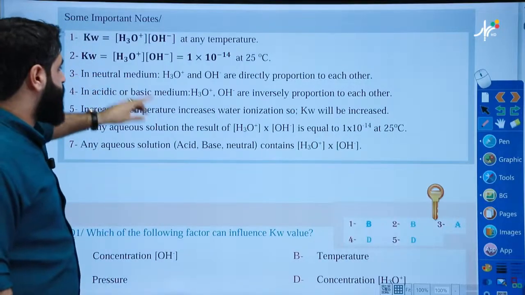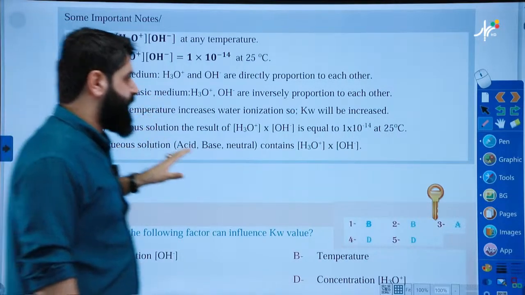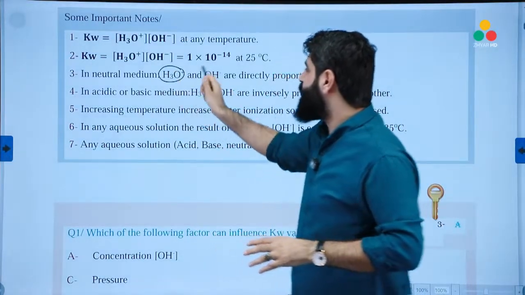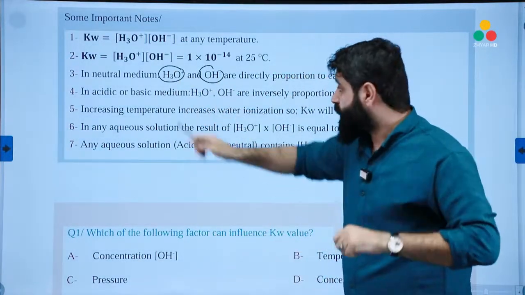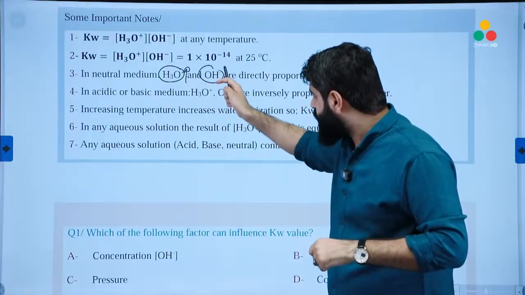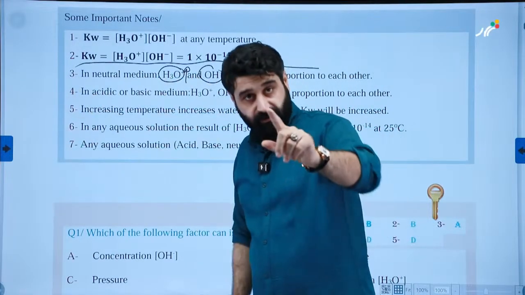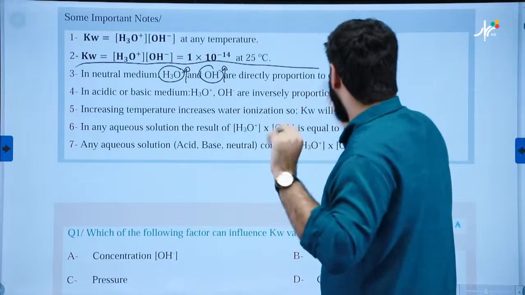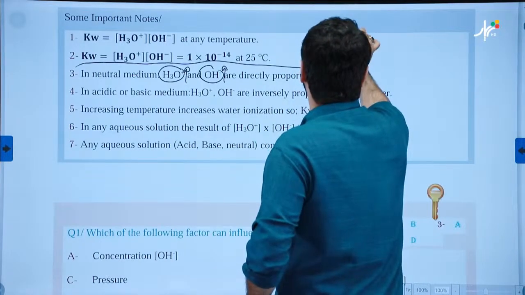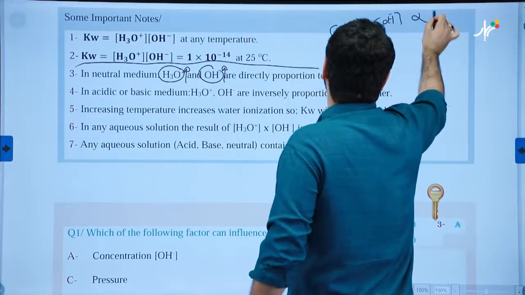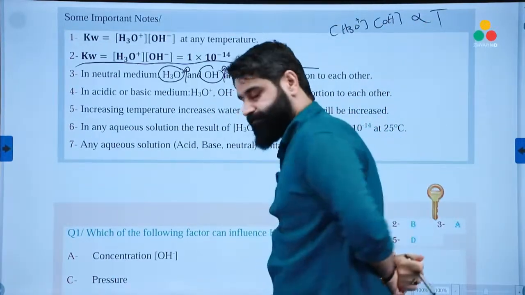In neutral solution, H3O and OH are always equal. So if one of them is increased, the other one must also be increased. Be careful with this: the concentrations of H3O and OH are both directly proportional with the temperature.